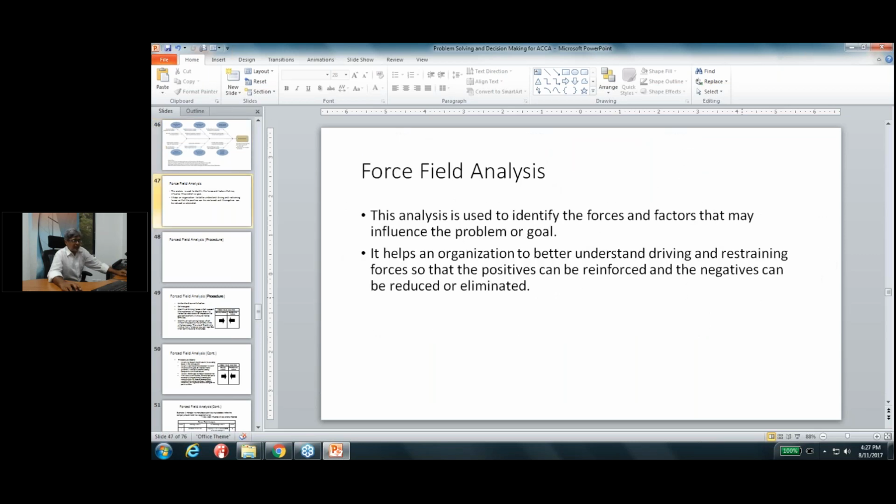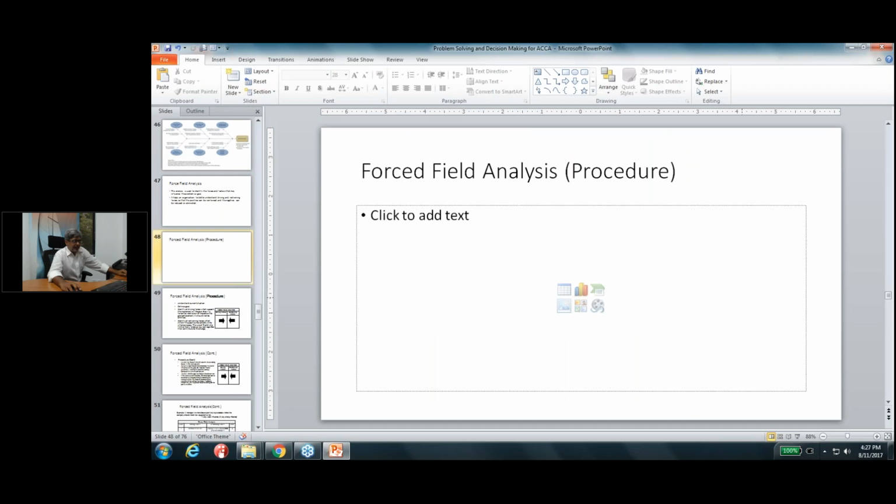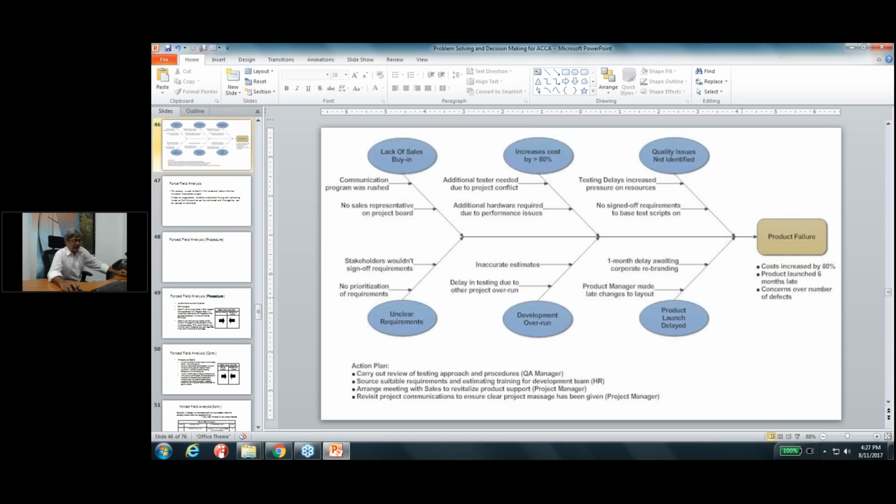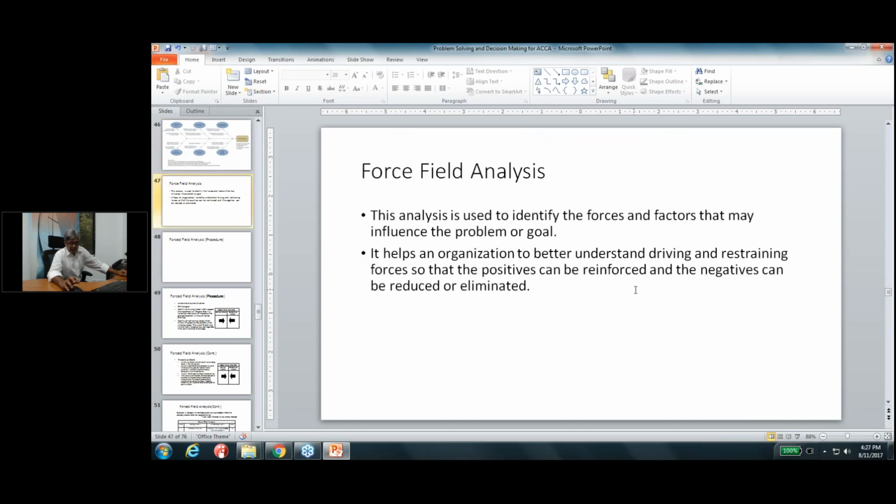Similarly, you have the force field analysis, and in the force field analysis you have two different aspects.